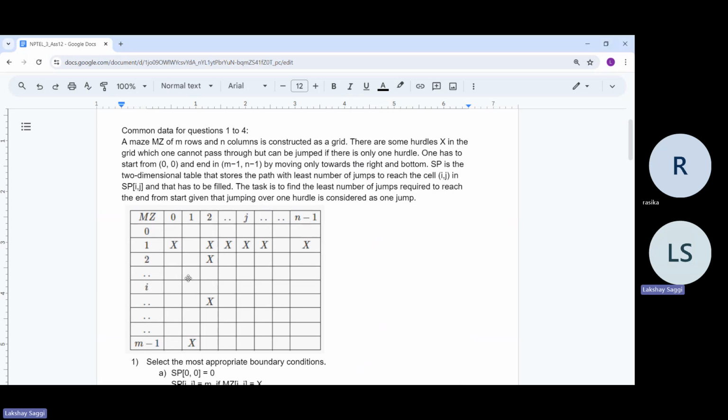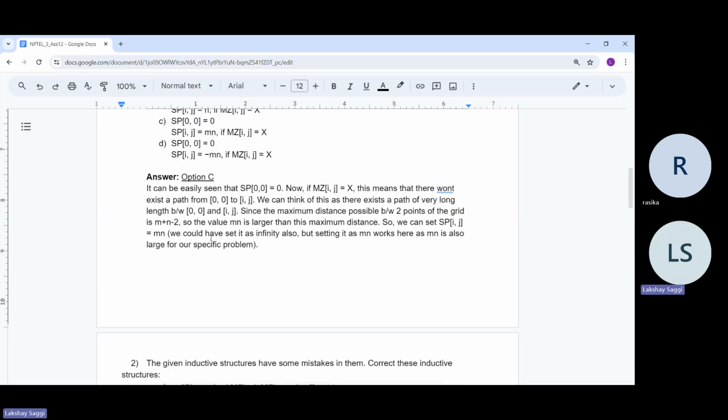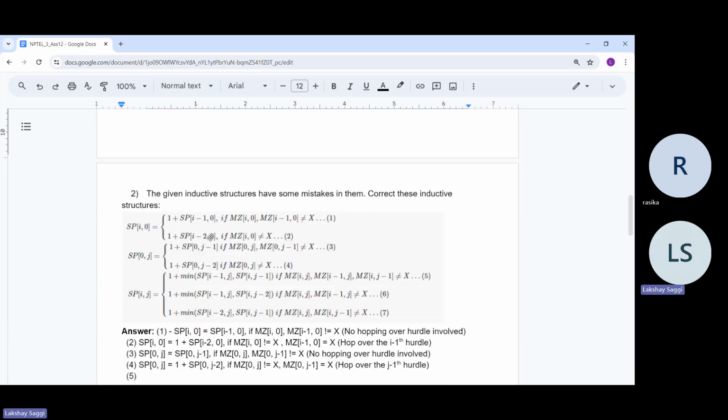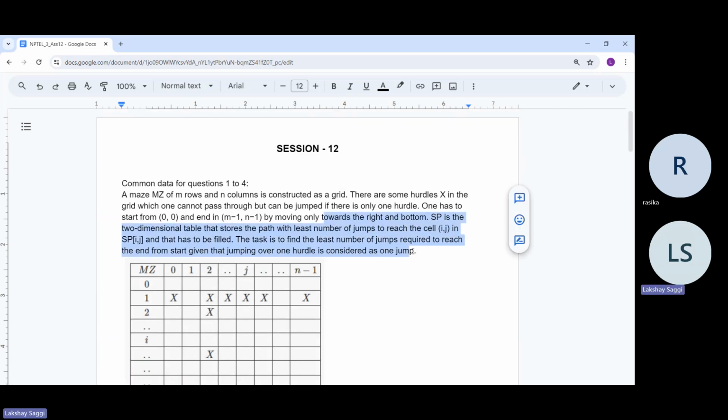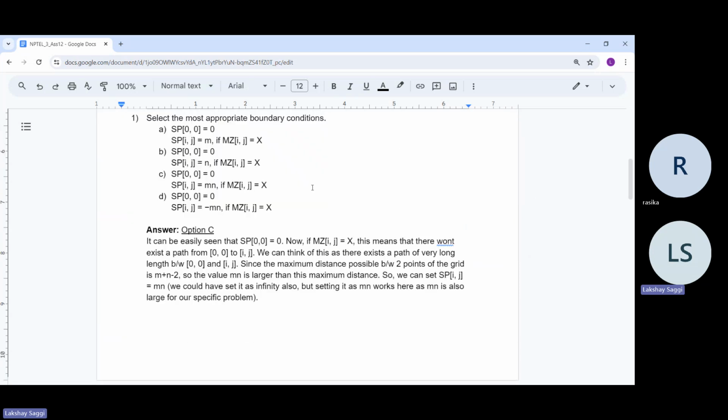So going from 2 comma 0 to something like 3 comma 0 will be counted as 0 jumps because there was no hurdle. Similarly, going from 0 comma 0 to 2 comma 0 will be counted as one jump because we need to jump like this, right? Okay, so I guess the question makes a lot more sense now. Otherwise, previously the language was a bit confusing.